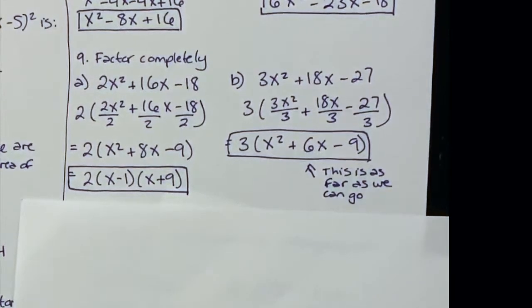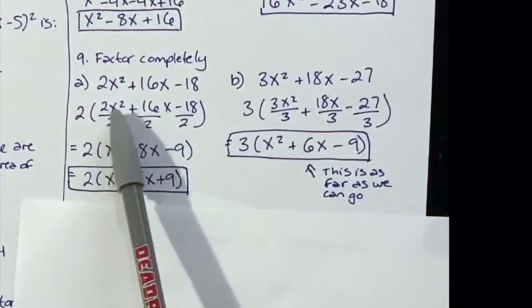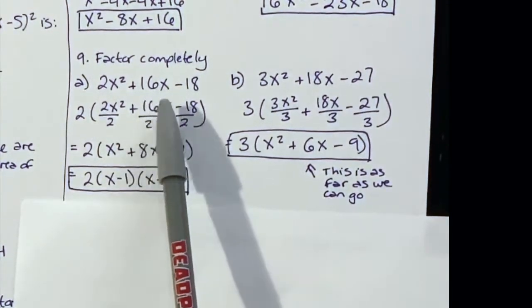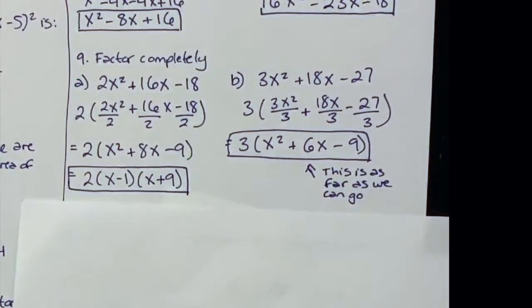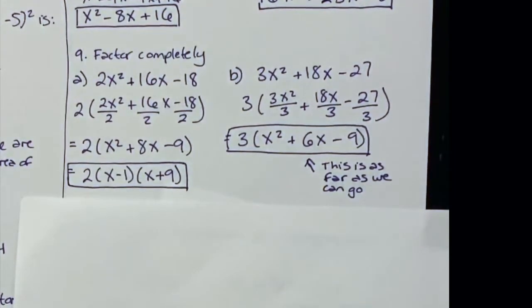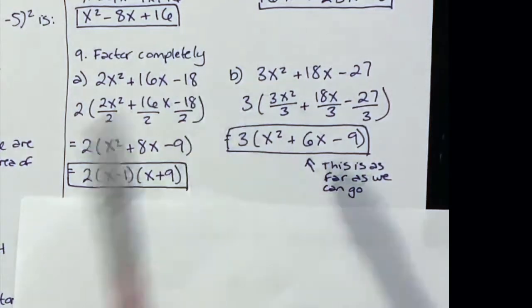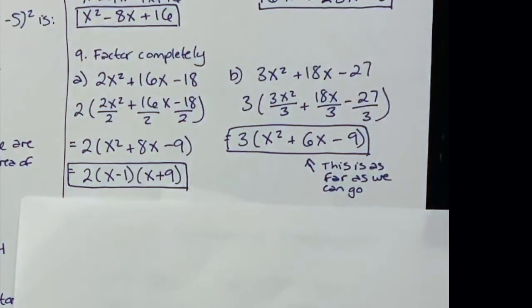What is the biggest thing I can take out of 2x squared and 16x and -18? Again, it's going to only be a number because we don't have a variable on -18. So there's no common letter that can be taken out. So the greatest common factor here between 2, 16, and -18 is 2, right?